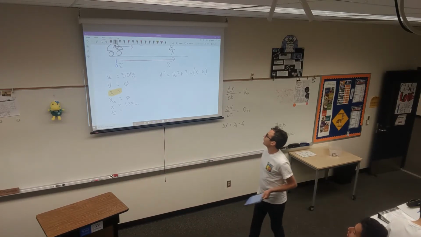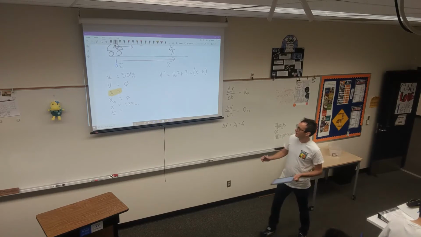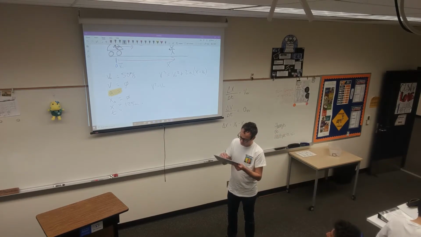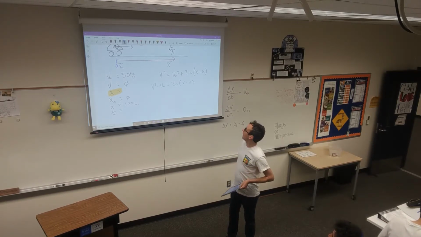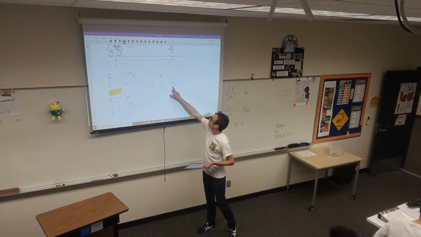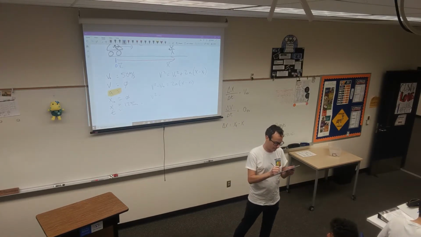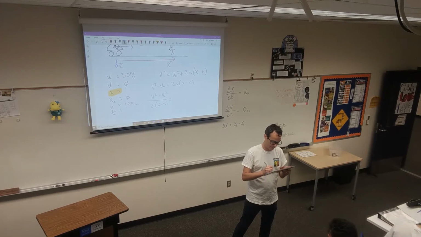Now I got to solve for acceleration. I'm going to subtract v naught squared from both sides, and then divide by 2 and this quantity right here. So v squared minus v naught squared, divided by 2 times final position minus initial position, equals the acceleration.